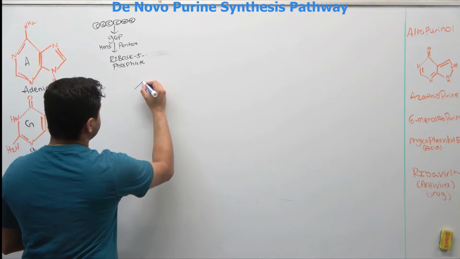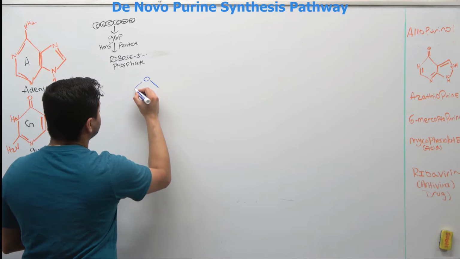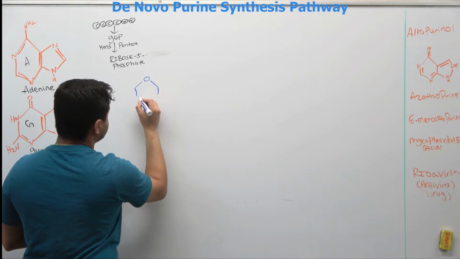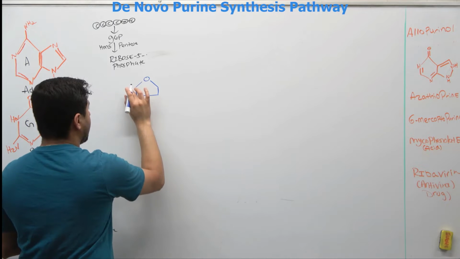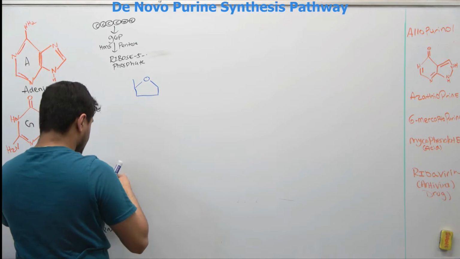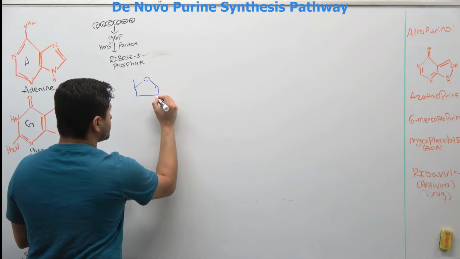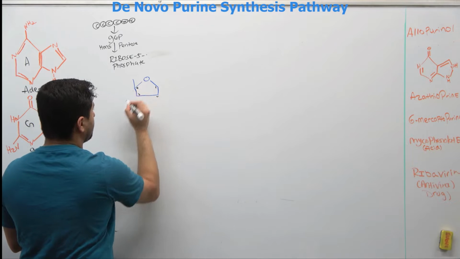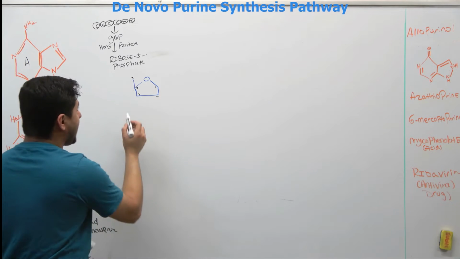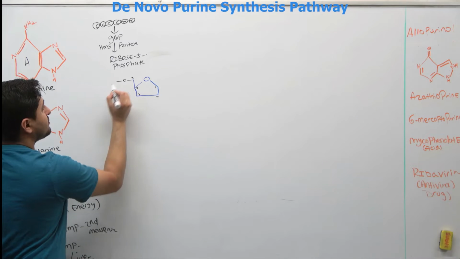Remember, you have oxygen, and it is a 5-carbon sugar. It basically looks something like this. And we can label this too. This is carbon number 1, 1 prime right here, this is 2, this is 3, this is 4, and this is 5 right here. And at the carbon number 5 position, you have a phosphate group attached to it.